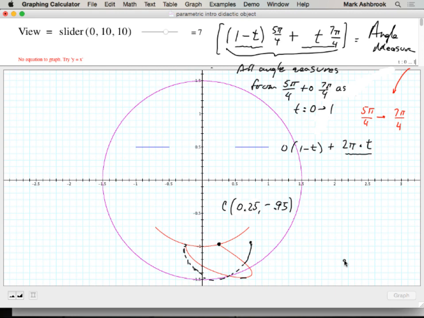So what does x do? The y angle goes from pi to 2 pi. Anybody have an idea?